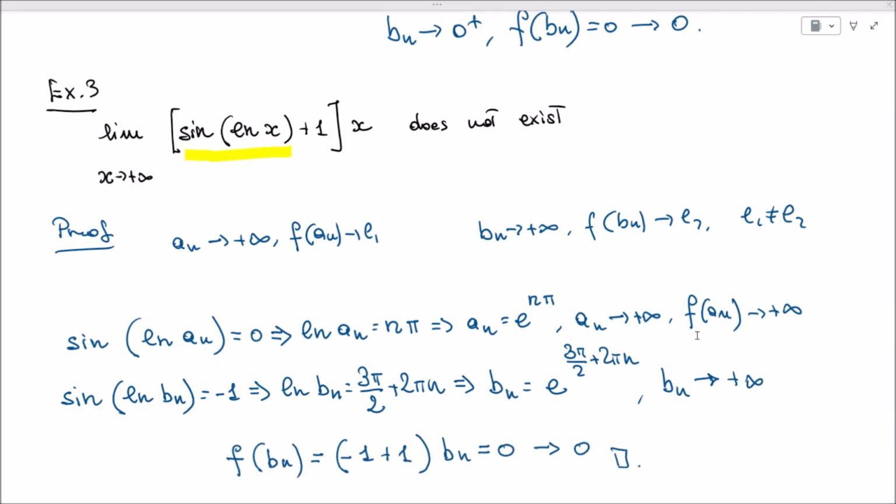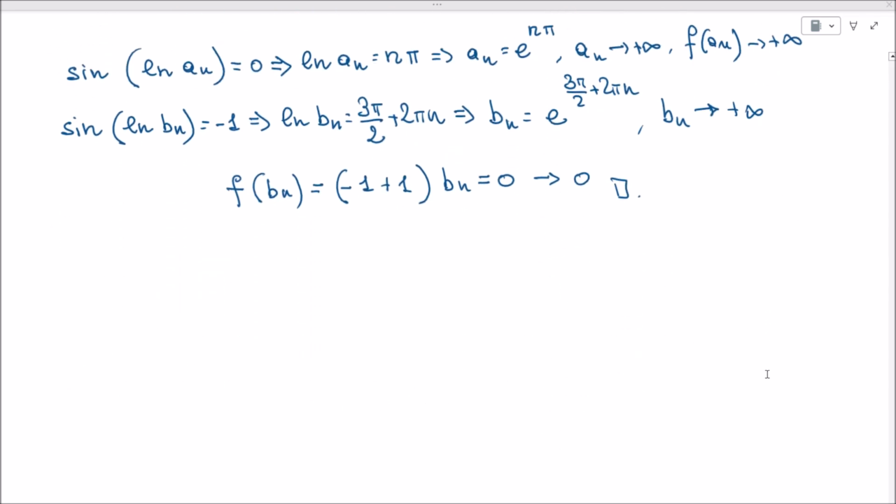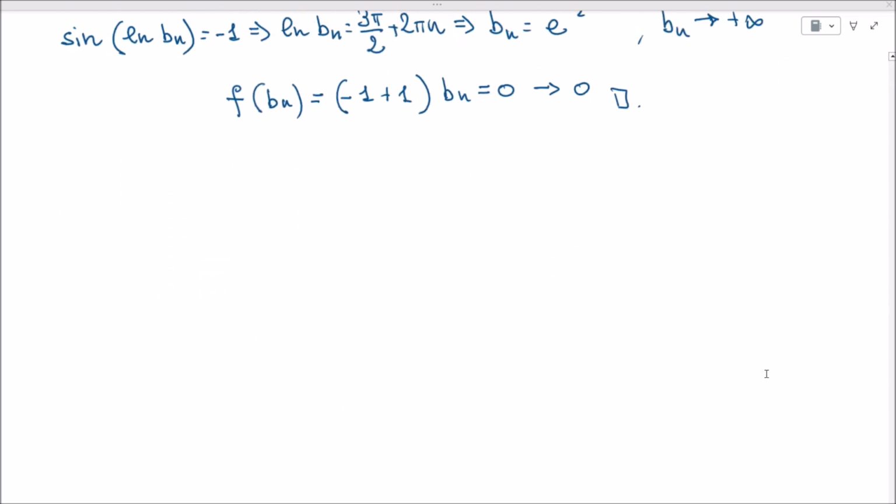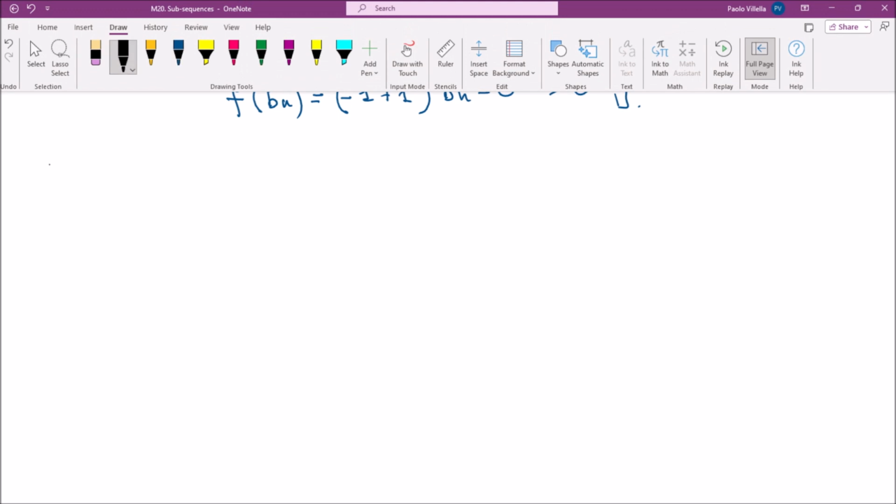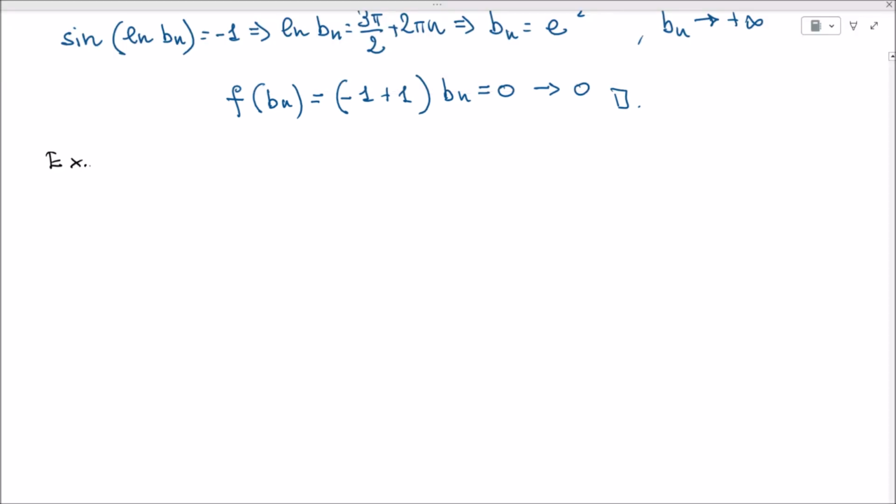Let's consider one final example of a function with no limit. Example 4. Let's consider the function (2 plus sine of logarithm of x) divided by (5 plus sine of x).